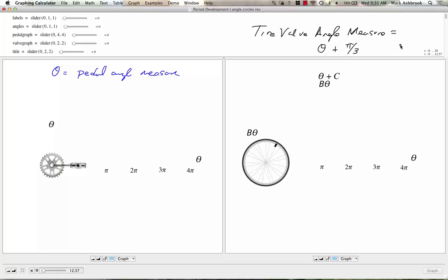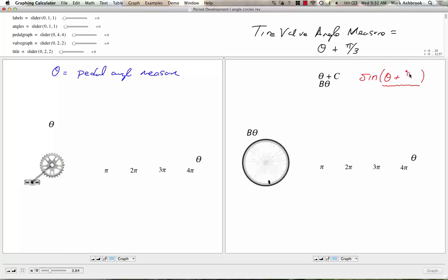Okay, so if we want to graph the vertical position of the tire valve as a function of the pedal angle measure, we know that's sine. And so sine of what? Sine of the pedal angle measure or the tire valve angle measure? Tire valve, which is theta plus pi over 3.